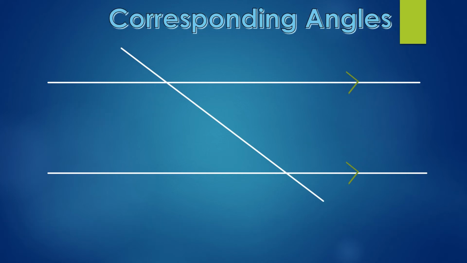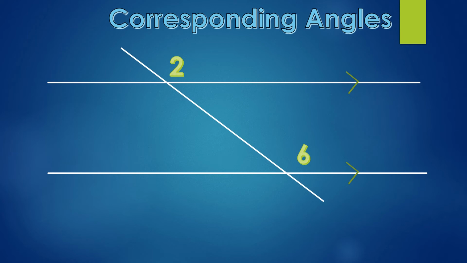Corresponding angles. We'll look at angle 2 and angle 6. So angle 2 and angle 6 don't share a vertex. One's on the exterior, one's on the interior, so they don't follow any of the other rules. But again, if you look at these two angles, angle 2 and angle 6, they have the same curvature.